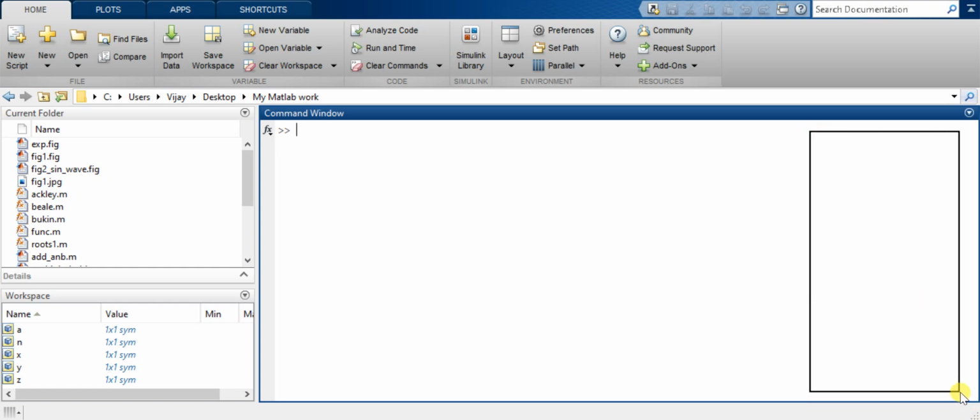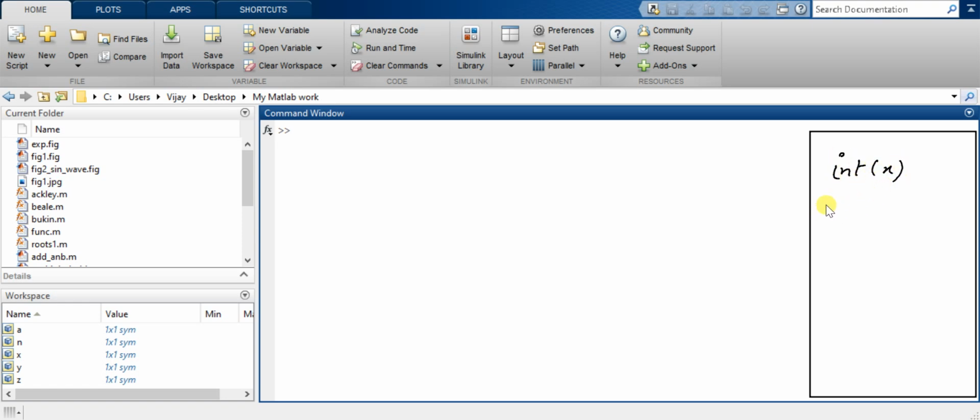The command for integration is int x, where x is the symbolic expression whose integral is to be obtained. Next we can use int x comma t, where t is the variable for integration. x is basically the same symbolic expression whose integral is to be obtained.